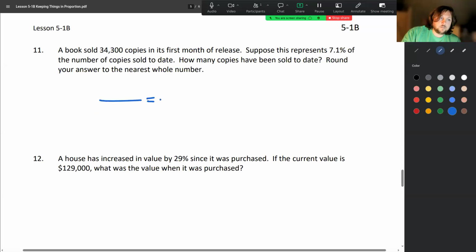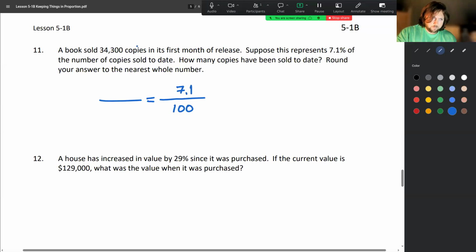Okay, so we don't clearly see what's going on with this. Now, with these story problems, we need to make sure that it's not saying some kind of percent increase or decrease here. I'm not seeing that. So we can just write the 7.1 over 100.